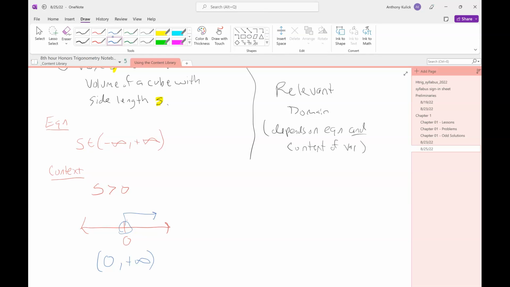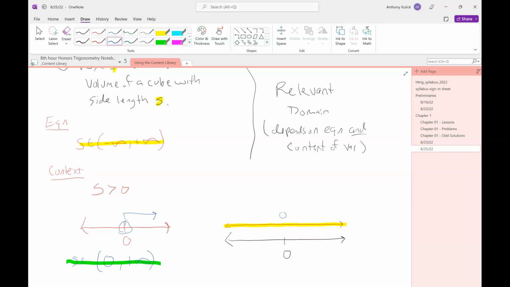Okay, so we need to consider the equation piece and the context piece. So that's what we've done, right? We have the equation and then the context, and then we're going to put these together. From the equation, we have all real numbers.